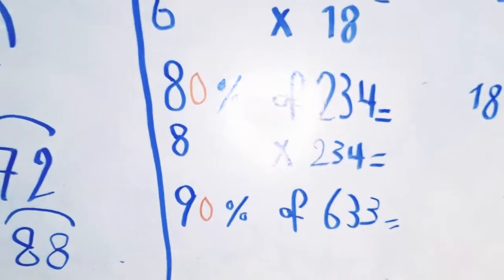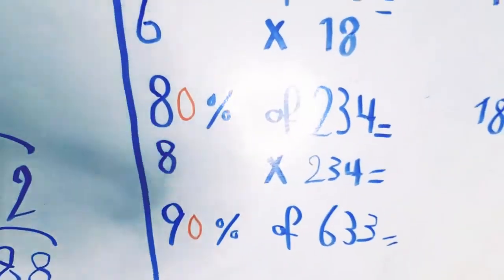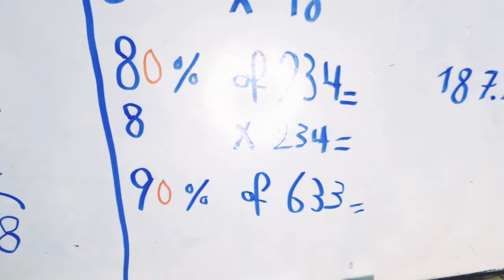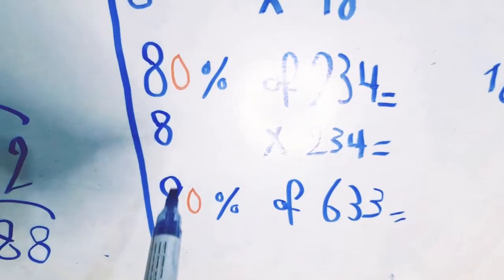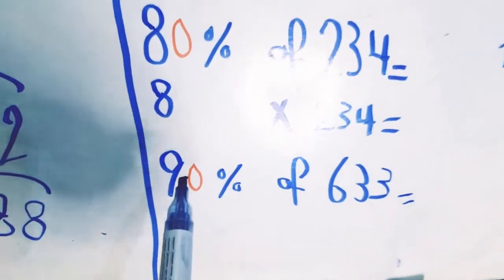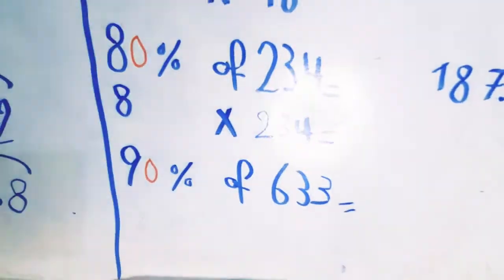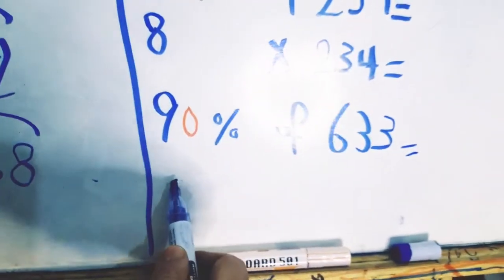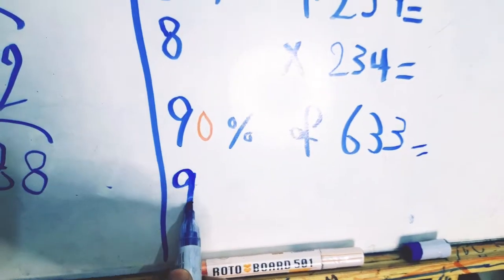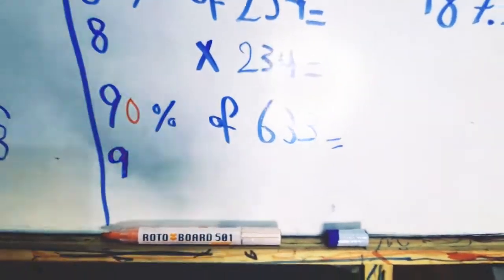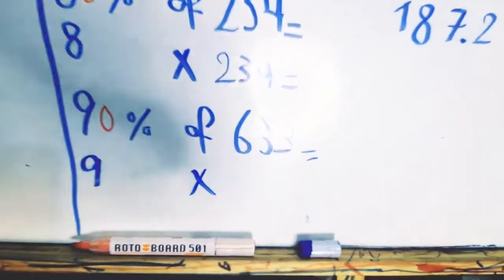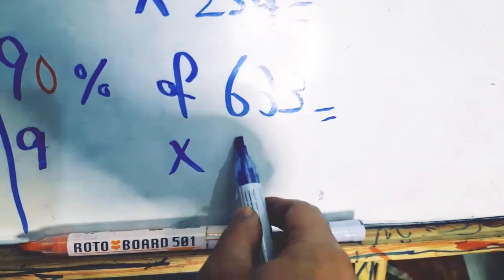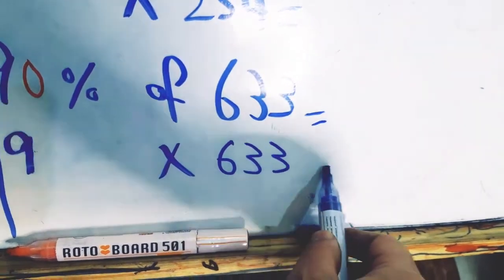Let's conclude with this example. 90% of 633. When we look at the first number, it is, of course, 90. 90 ends with 0. We ignore the 0 and focus our attention on this digit, which is 9. Of is turned into multiplication. 633 is written as it is.